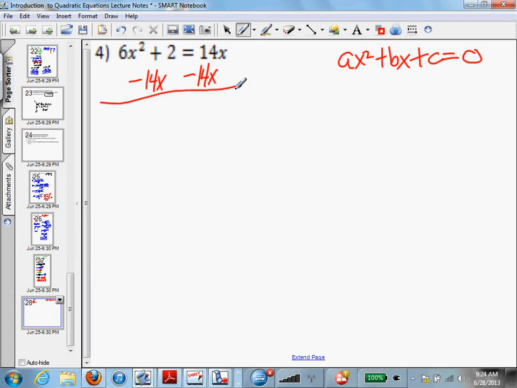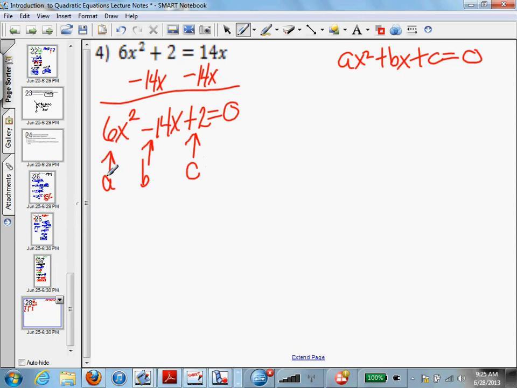Okay, so when we do that, I believe we'll see we have 6x squared minus 14x plus 2 equals 0. So we have our a, b, negative 14, and c is 2, with a being 6.